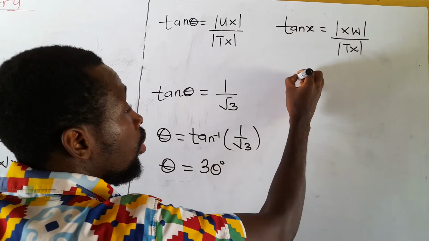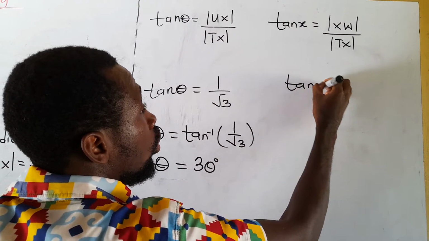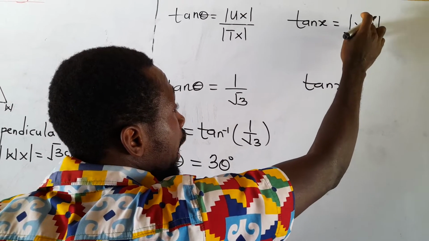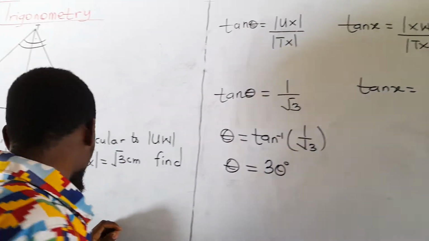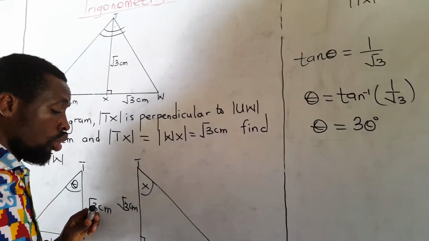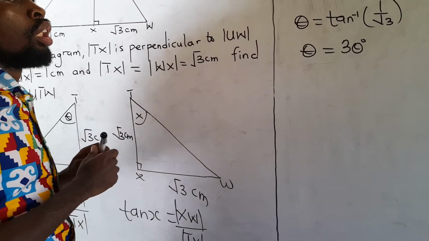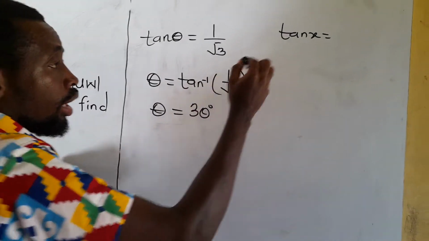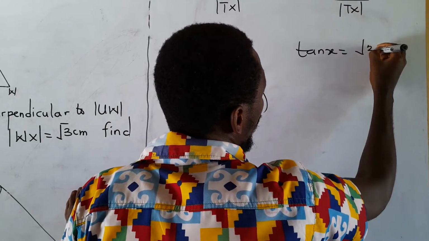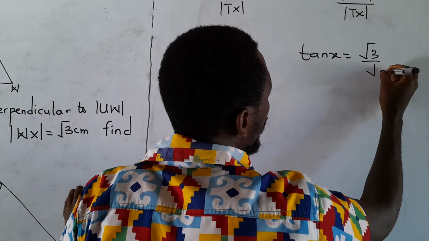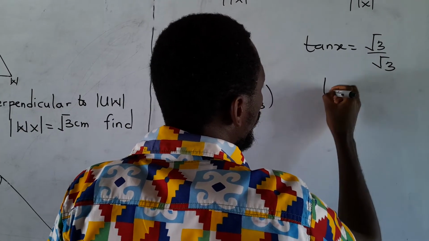Also, my tan x will be equal to XW over TX. I'll locate my XW. XW is root 3 and my TX is also root 3. So I can say my tan x is equal to root 3 over root 3. Root 3 divided by root 3 will be 1.